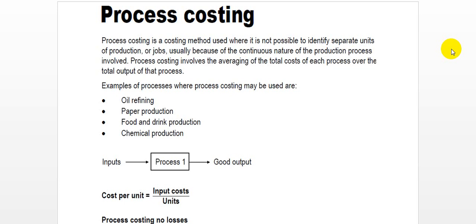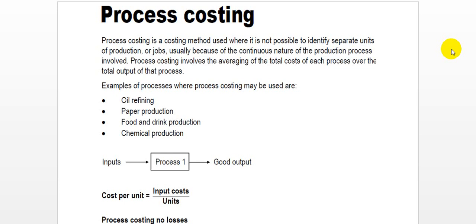Let's say, for example, you are making bread. You're able to count how many loaves of bread you've made, say maybe from a bag of flour. But if you're making cooking oil, you can't count how much cooking oil you've made because of the continuous nature of the product.